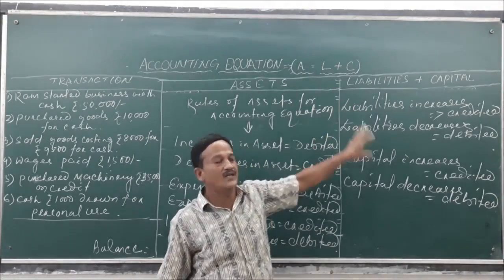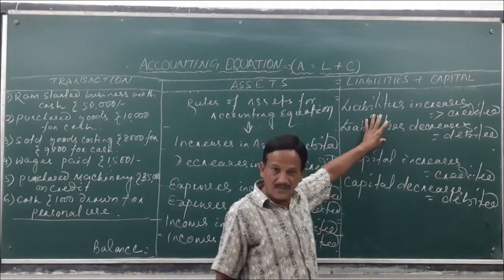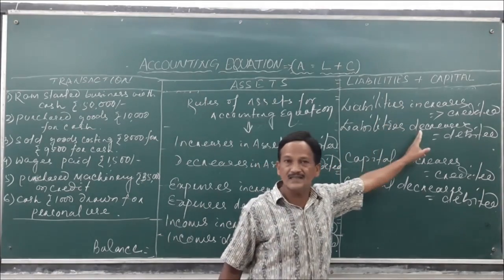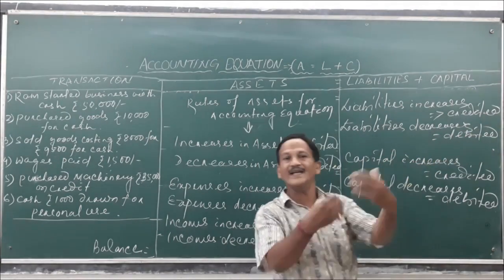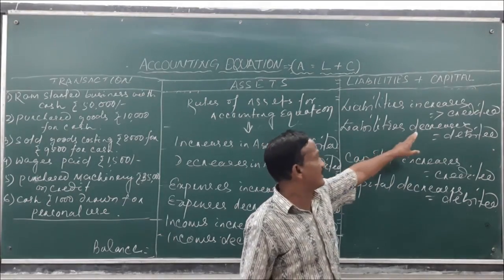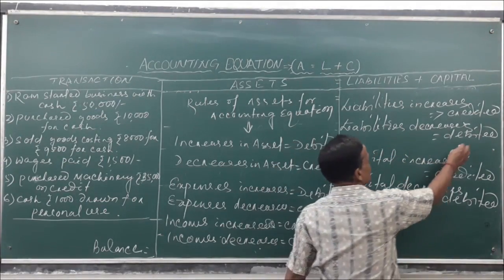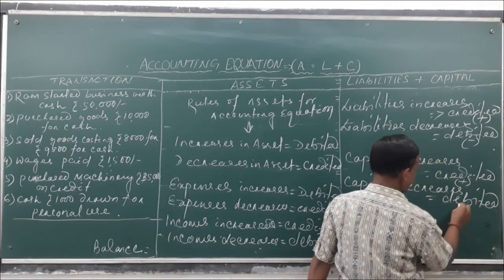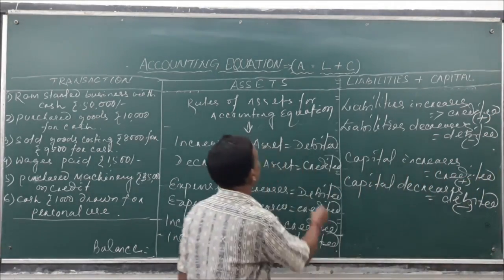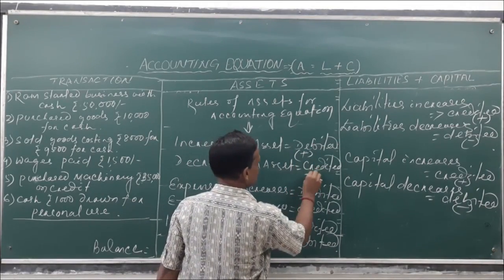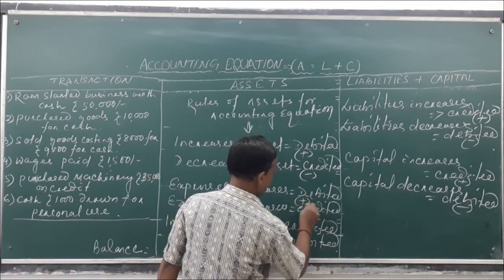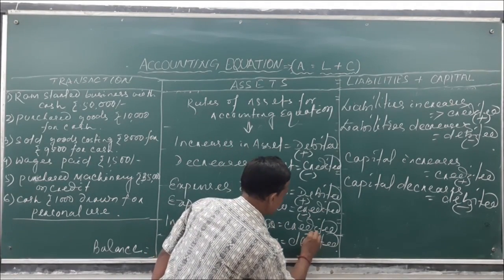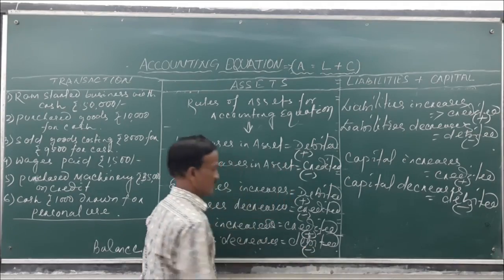From the accounting equation, we have understood the rules for the liabilities also and capital also. If liabilities increase, that is credited, means added. Liabilities decrease is debited, that means subtracted. This is added, this is subtracted; this is added, this is subtracted; this is added, this is subtracted.